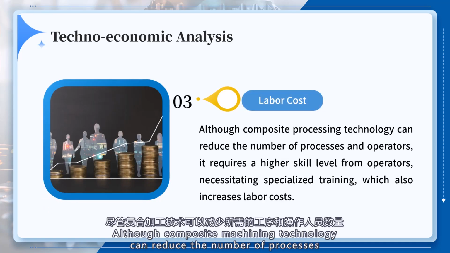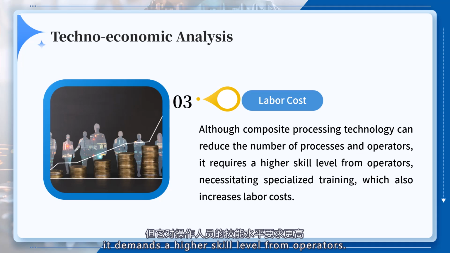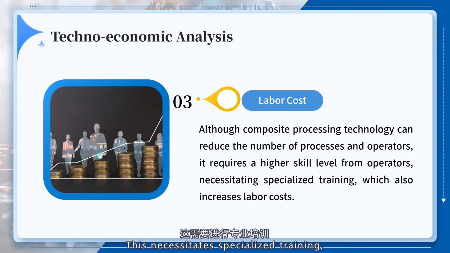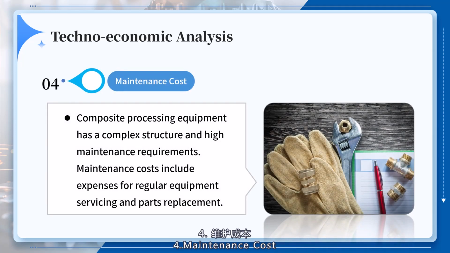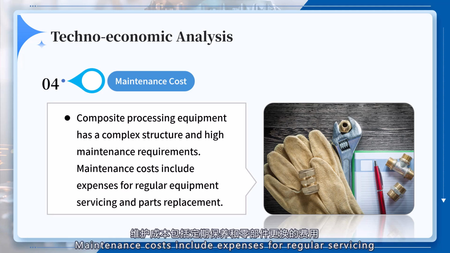Although composite machining technology can reduce the number of processes and operators required, it demands a higher skill level from operators. This necessitates specialized training, which can increase labor costs. 4. Maintenance costs. Composite machining equipment has a complex structure and high maintenance requirements. Maintenance costs include expenses for regular servicing and parts replacement.